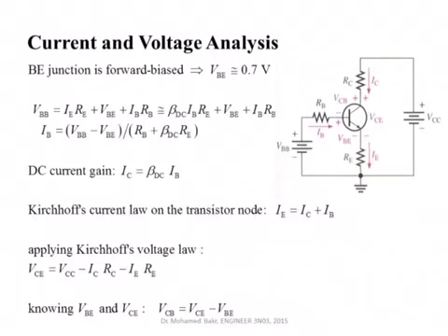So using this equation, I should be able to derive an expression for IB. Why? Because I emitter is approximately equal to I collector, and I collector is simply equal to beta multiplied by IB. Or I can simply replace the I emitter by I collector plus I base, and then I can replace I collector by beta IB. Both of them should give us pretty much the same answer.